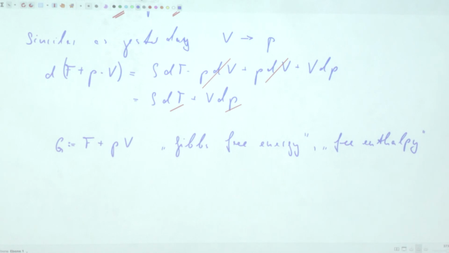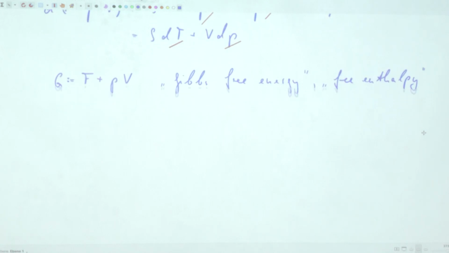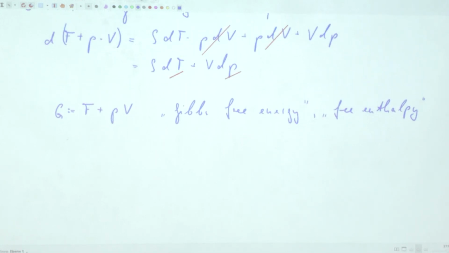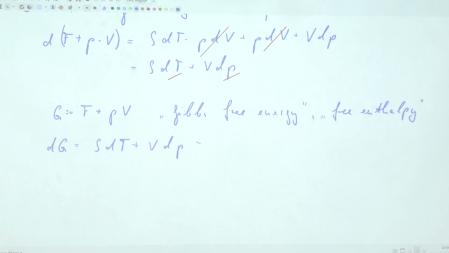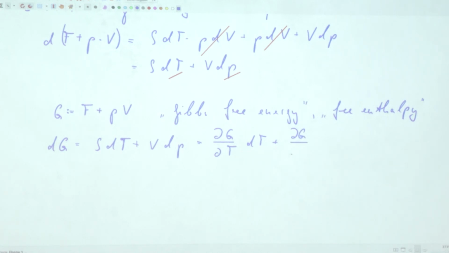Let's just stay here. I can show one line here. So if we have dG equals minus S dT plus V dP. From calculus, you know that dG, if G is a function of T and P, is the partial derivative of G with respect to T times dT plus the partial derivative with respect to P times dP.